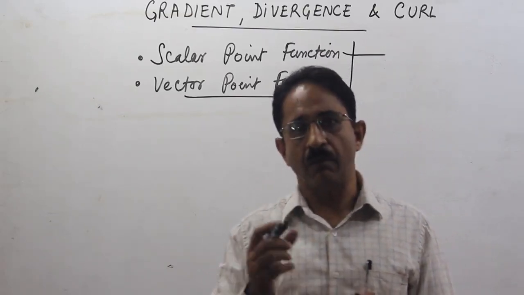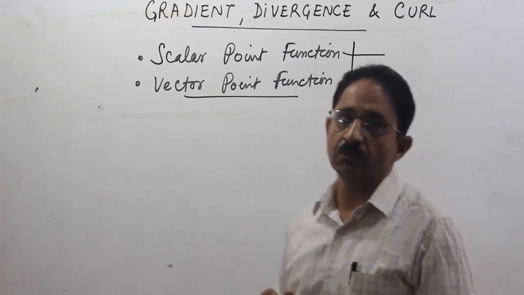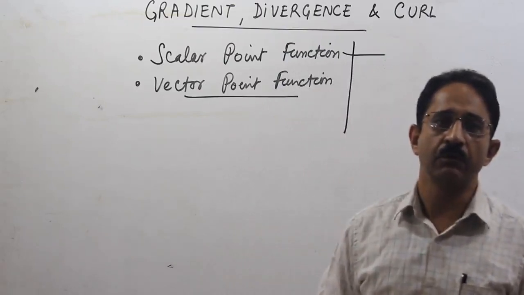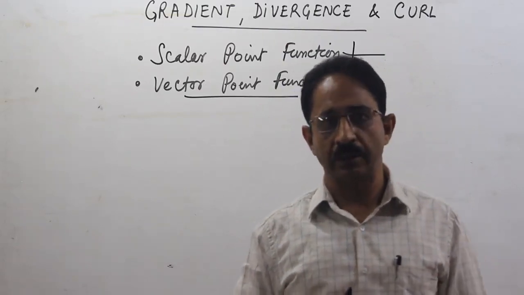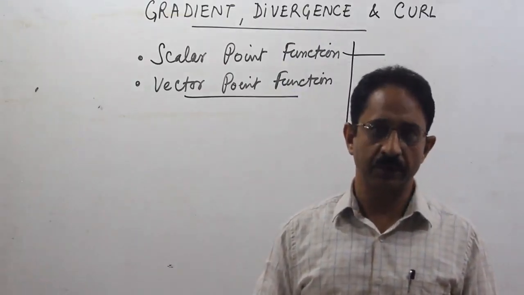Now this vector field or scalar field we can utilize for further going into what we call the gradient of a scalar field, divergence of a vector field or curl of a vector field.